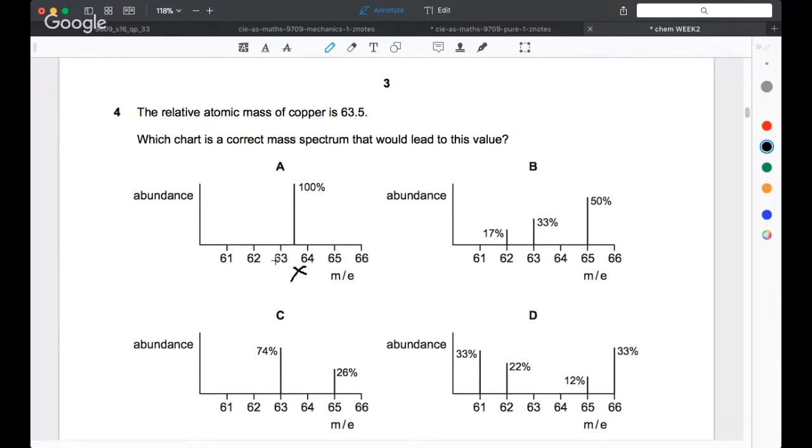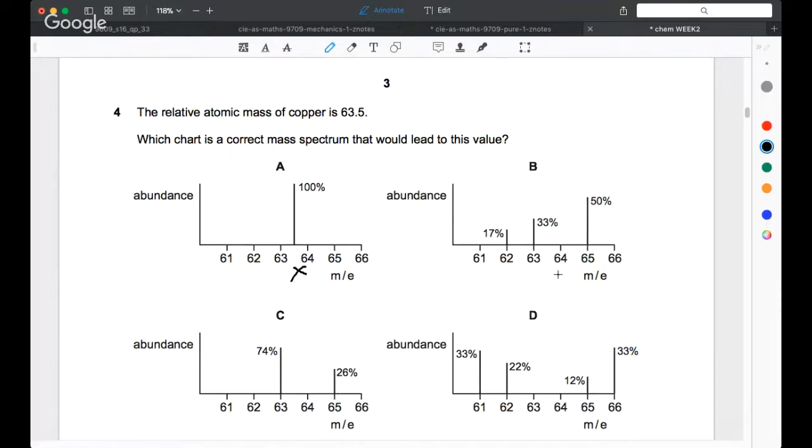Because there aren't any 63.5 isotopes of carbon by themselves. So the mass number can't be equal to 0.5. So the mass has to be an integer, a whole number. Yeah, so the decimals are there because they are the average.